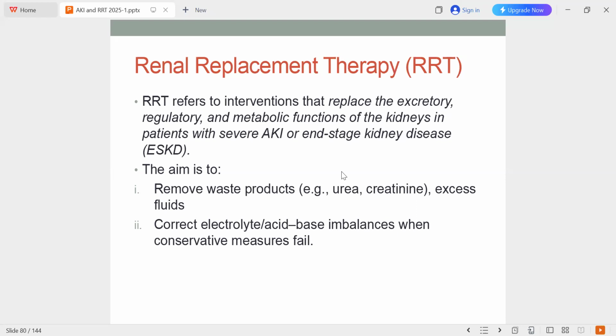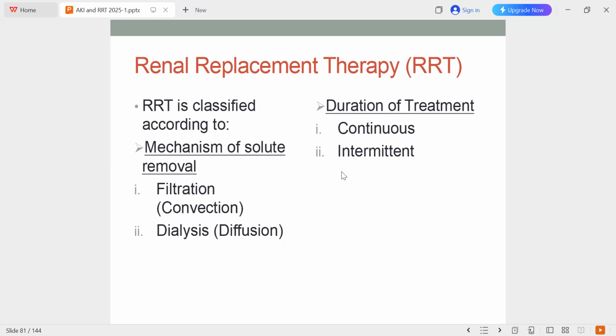The aim of RRT is to remove waste products and excess fluid from the body, also to correct electrolytes like hyperkalemia and acid-base imbalances, especially severe metabolic acidosis that's refractory to other conventional measures.